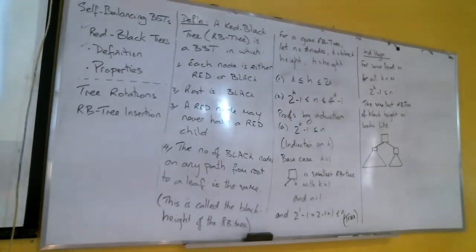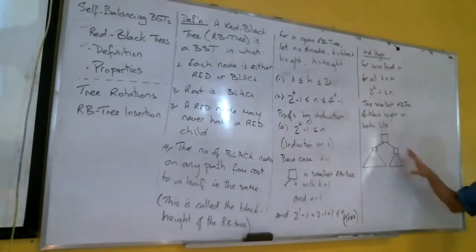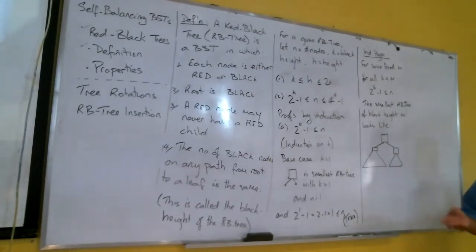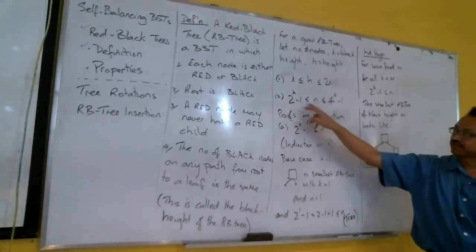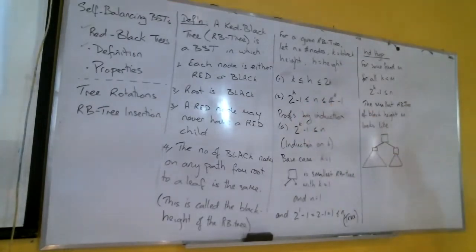That has two subtrees. How could I have made it bigger? I could have put in a red node here and made the red have two subtrees. That would have made it a bigger tree. But we're trying to minimize the number of nodes here. So I'm trying to contemplate what is the smallest possible tree given that the black height is k.